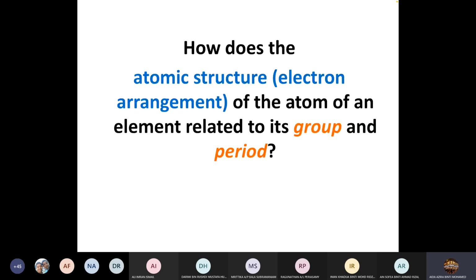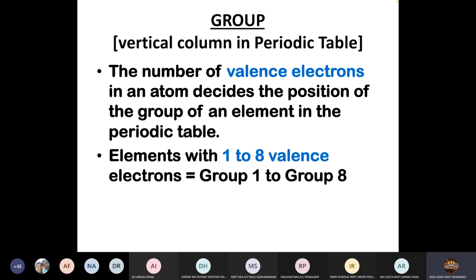Now we look at how the atomic structure, or the electron arrangement of the atom of an element, is related to its group or period. Does anyone remember? Teacher will show you.